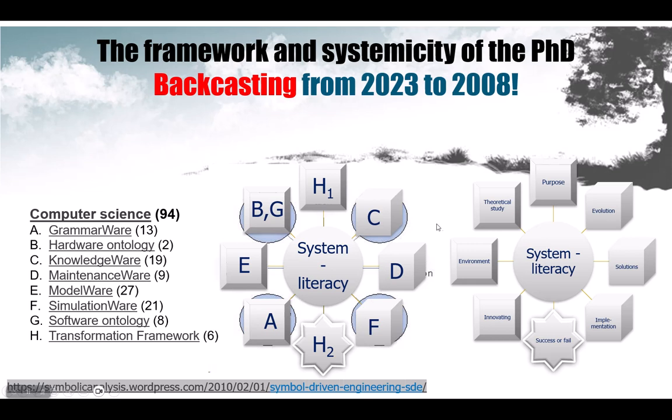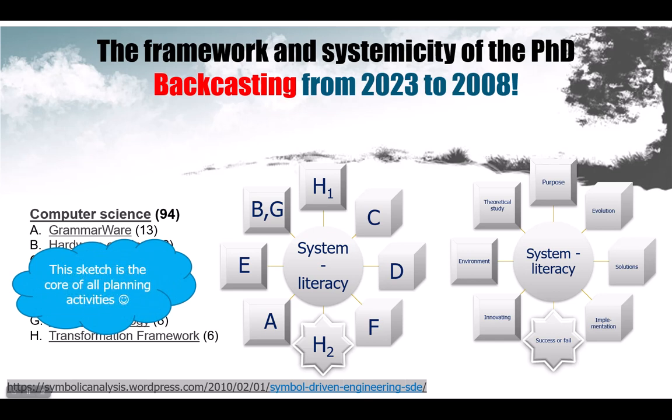It opens the code, and then there are C, D, and F. Knowledgeware and maintenanceware, maintenance part, and simulation. How to simulate code? How does the tool work? This is a universal machine, also universal planning tool in order to adapt those kinds of abstract rules.